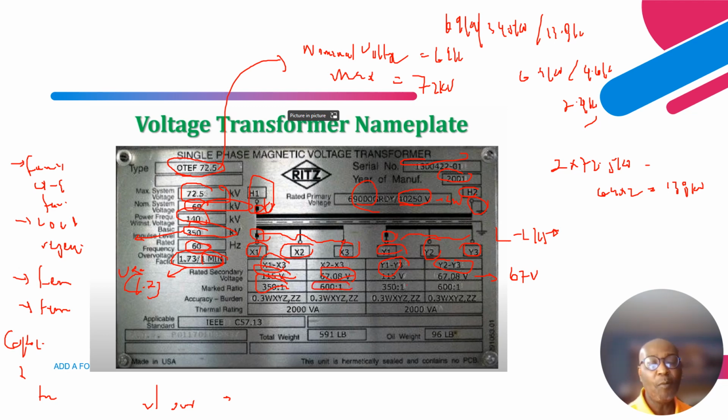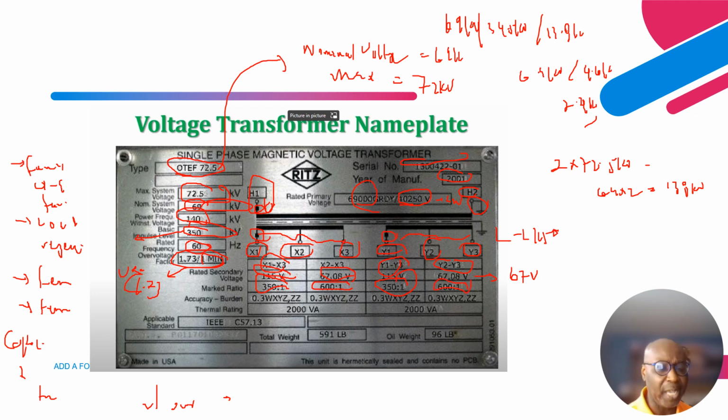Similarly, for the second core, which is the Y core, the ratio between Y1 to Y3 is 350. That gives us the secondary terminal voltage of 115. Then the turns ratio between Y2 to Y3 is 600:1.